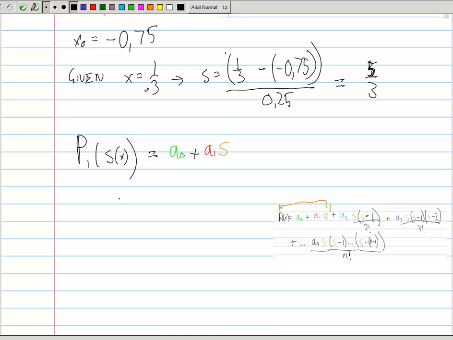So when we rewrite that with our actual terms, our a0 is going to be equal to minus 0.071825, plus our a1, which is going to be 0.047065, multiplied by our s.